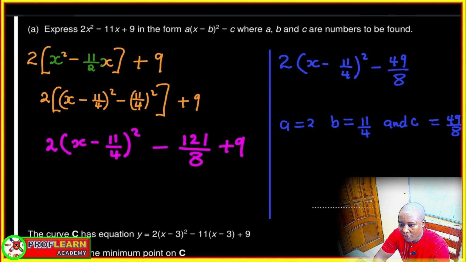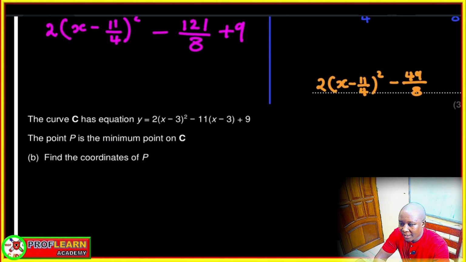In the event you are given a question like this, you can complete the square and get the answer. You can also be asked to state the turning point from this completed square form. To state the turning point, the minimum or maximum point, after completing the square, the term inside the bracket, 11 over 4, is going to give us the x coordinate.